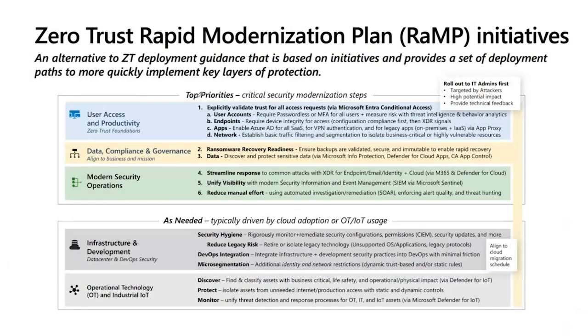So these are some top priorities. As needed, we can also consider infrastructure and development-related security options and operation technology, OT, and industrial IoT options. So RAMP is designed to deploy this kind of Zero Trust approach as quickly as possible, with less effort and time, so that you can start using the cloud.